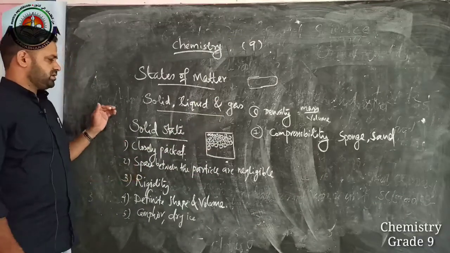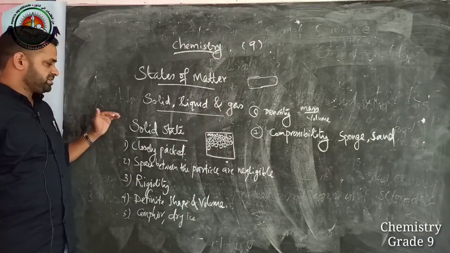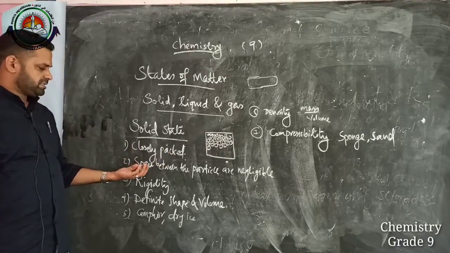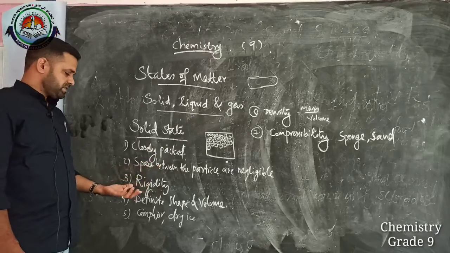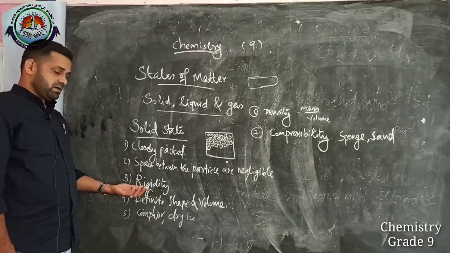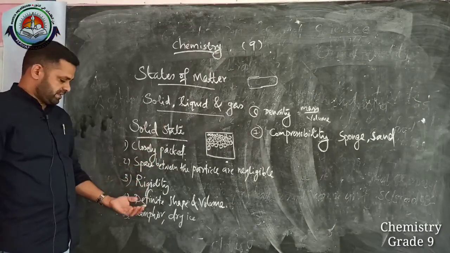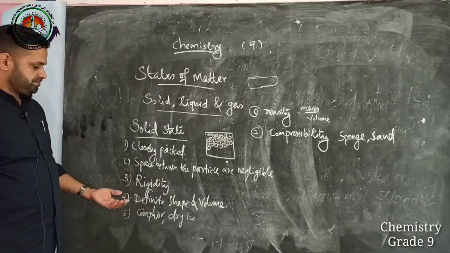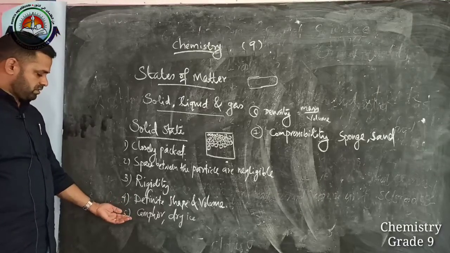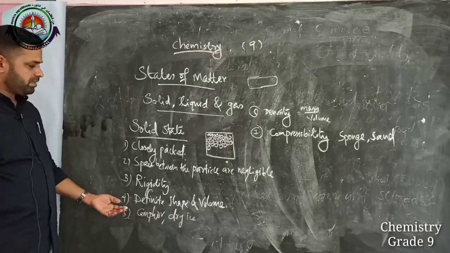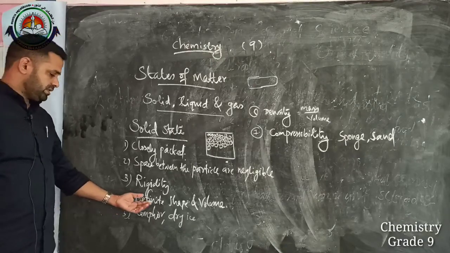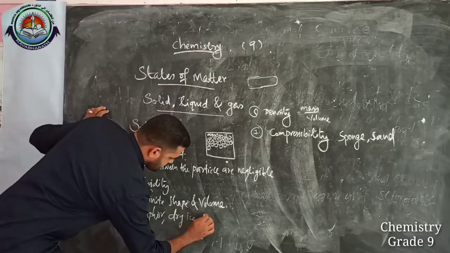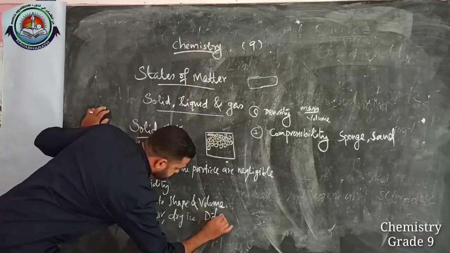So these are the different characteristics of particles of matter in the solid state. Since they are closely packed and the interparticle space is very less, they are rigid. They show definite shape and definite volume.